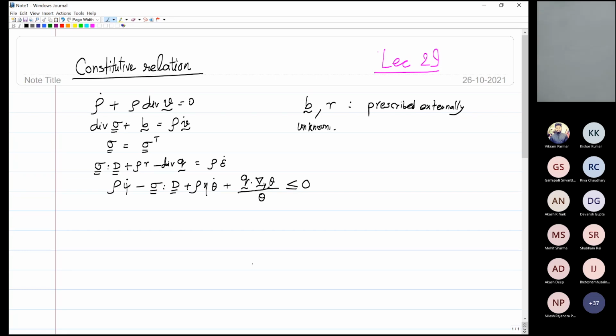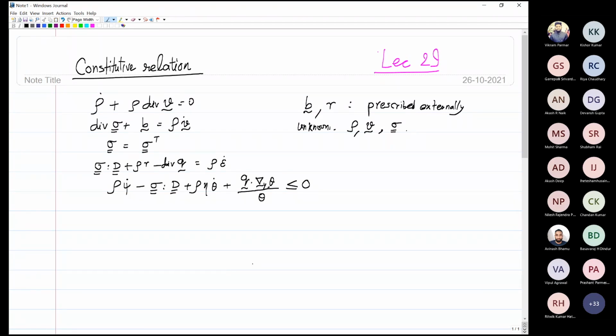We have rho, then we have velocity, then we have sigma, and D is in terms of velocity. D is the symmetric part of velocity gradient. Then q is also an unknown. Epsilon, the specific internal energy, is also an unknown. Specific Helmholtz free energy, then the entropy function eta, and finally temperature theta.